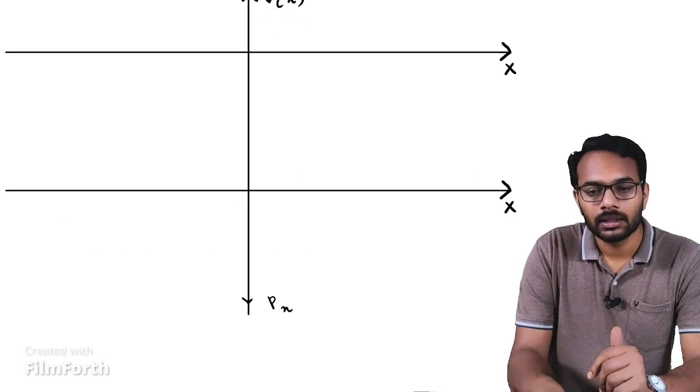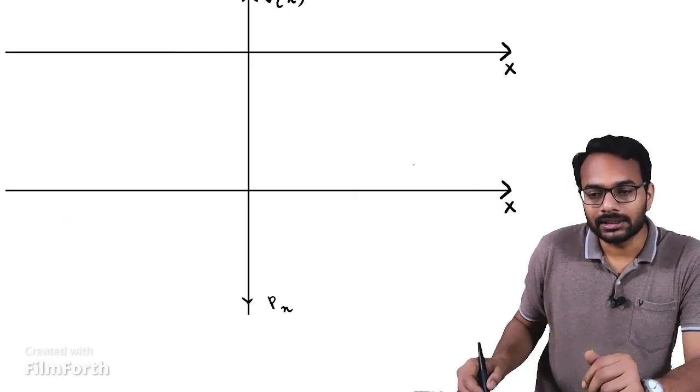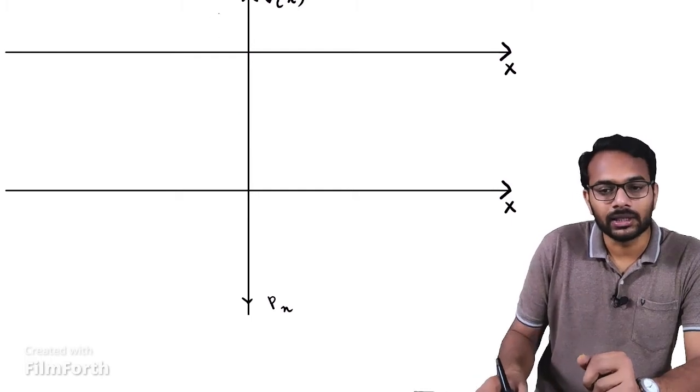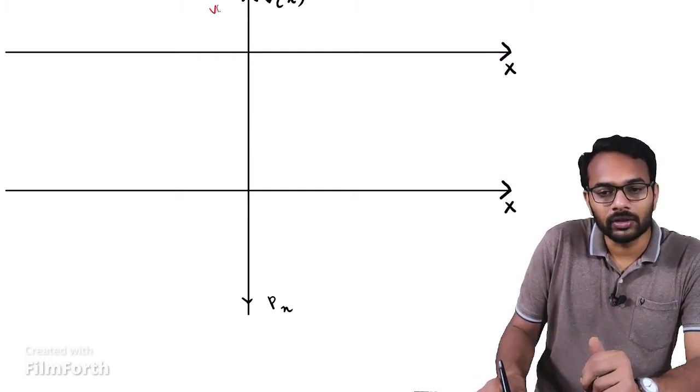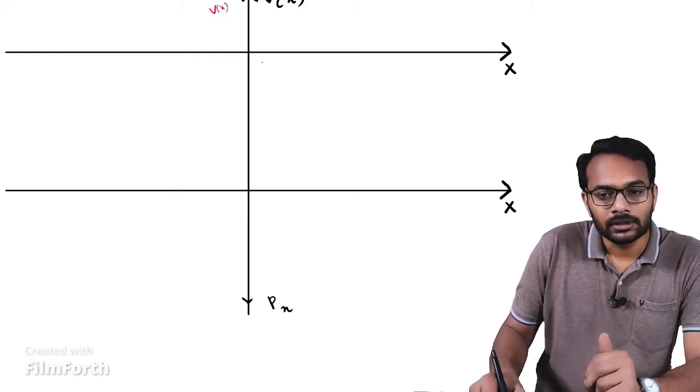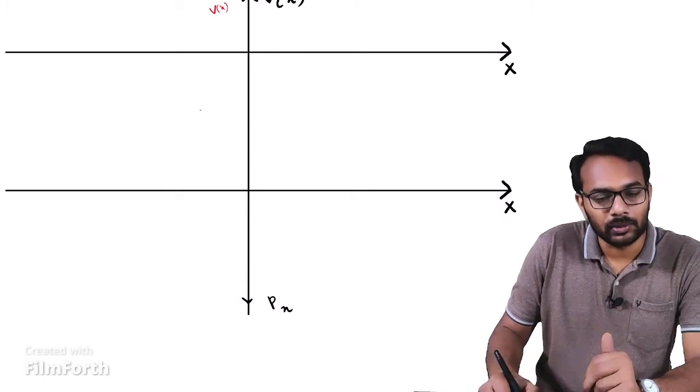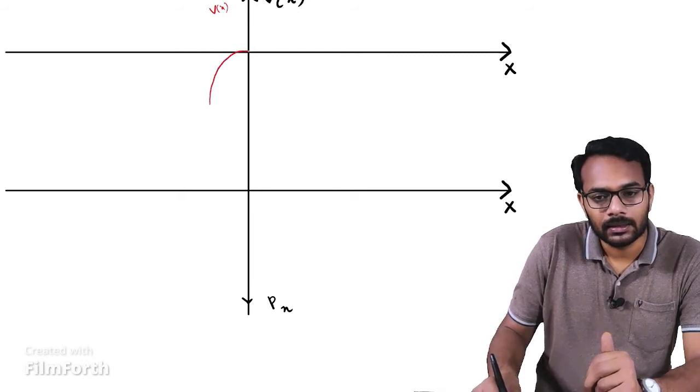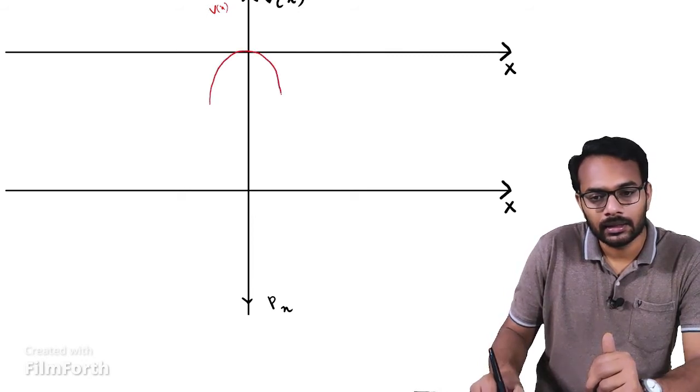We have this x-axis and y-axis drawn here. Along the y-axis we have V of x. As I said, the first thing is to plot the potential energy curve, which we already did. It's a parabola like that. It's not exact, but it has to be 0 only at this point.